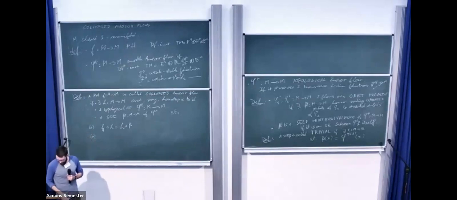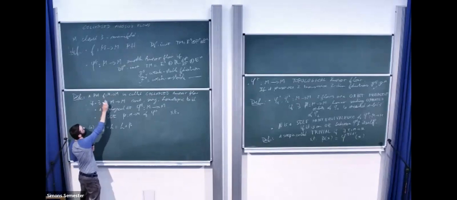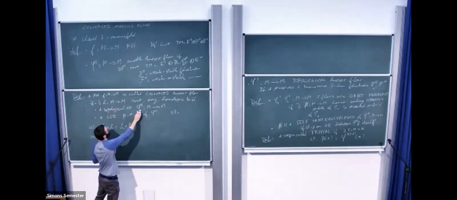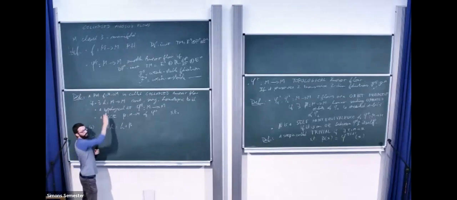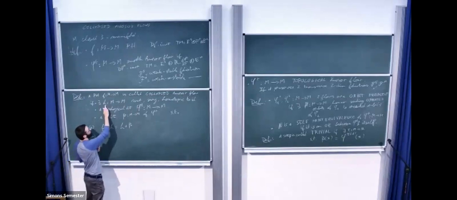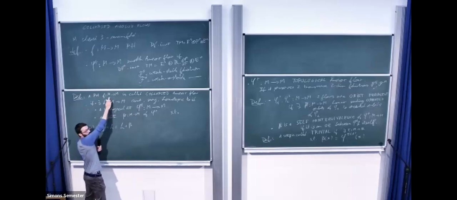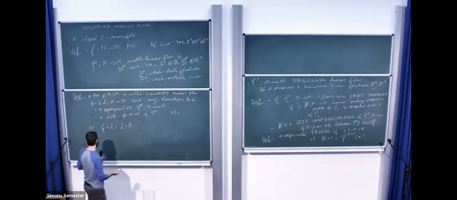So we do ask that somehow the flow direction of phi t and the central direction of F are connected. So I want that H sends the flow direction to the central direction. And that's my second condition.